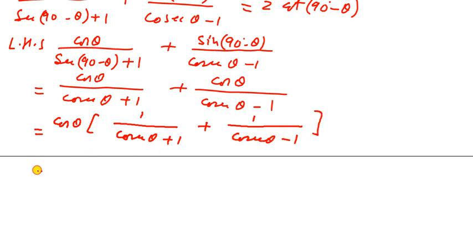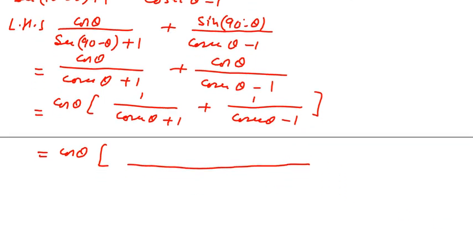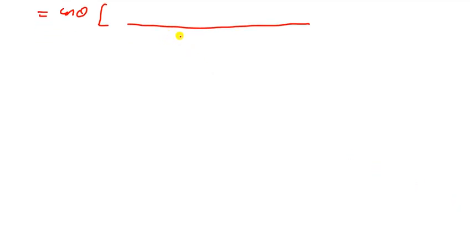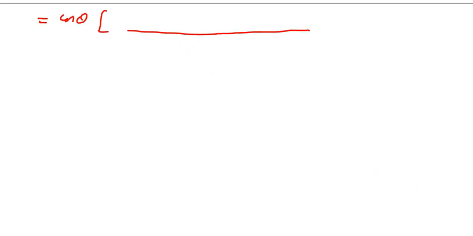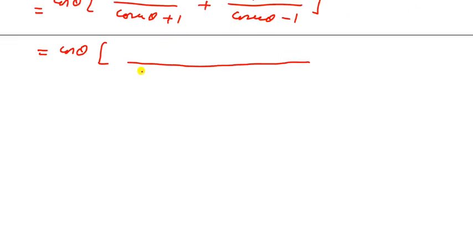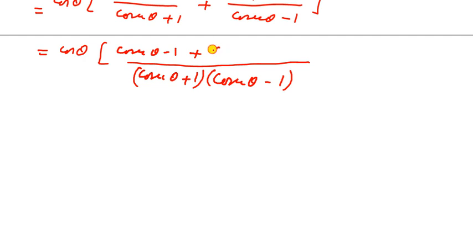so it is cos theta as a common, so we get 1 upon cosec theta plus 1 plus 1 upon cosec theta minus 1. So taking their LCM, it is cos theta, LCM is cosec theta plus 1, and in another bracket it is also cosec theta minus 1.